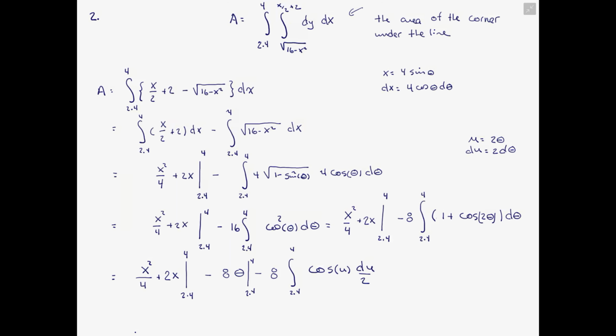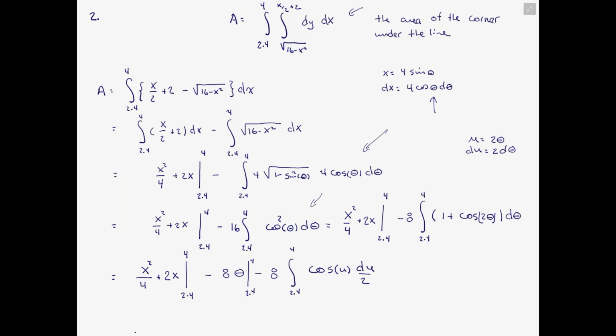Well, I have to use a trigonometric substitution, which I did up here. Now I chose x equals 4 sine theta, leaving dx being 4 cosine theta d theta. And all I have to do now is plug that into the equation, and I end up with an integral that is the square of the cosine.